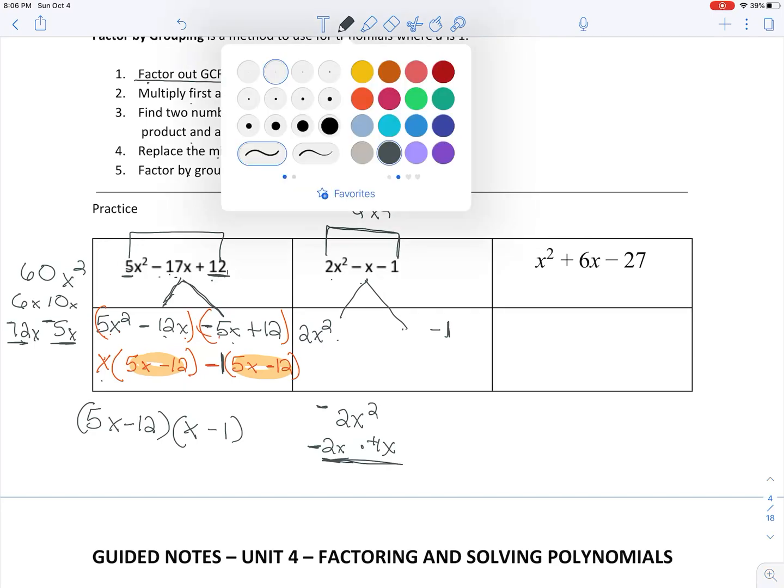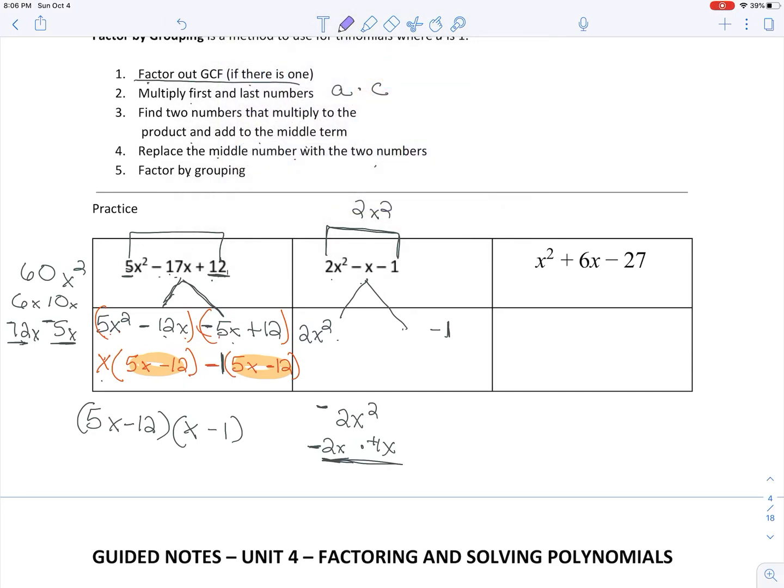I'm just going to put that in a different color. So that's minus 2x plus 1x. Oh no, it just didn't look good to me.